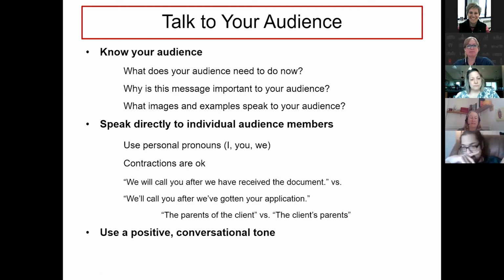How can we do it? Well, one tip might be to read your written text out loud to yourself. Does it sound stilted? Does it sound like it came from a bureaucratic office? Or does it sound more like what we call living room language?